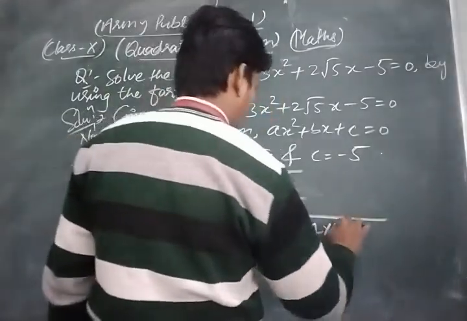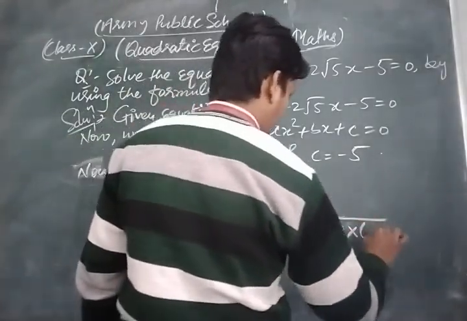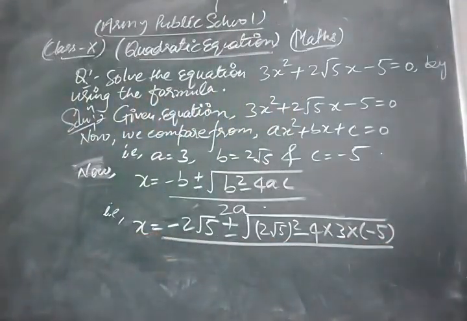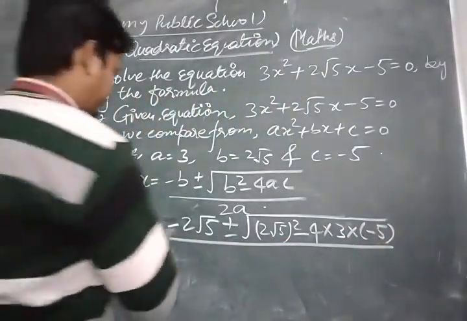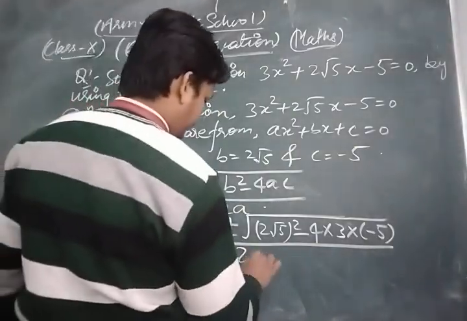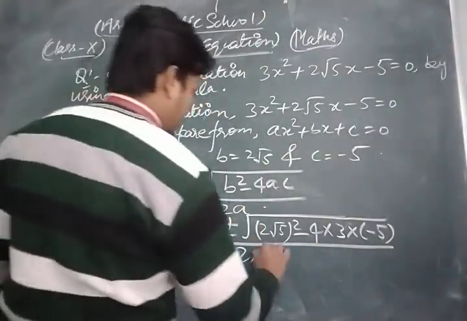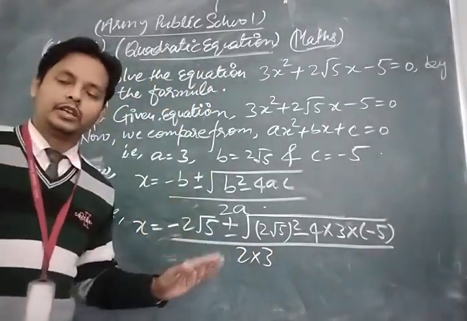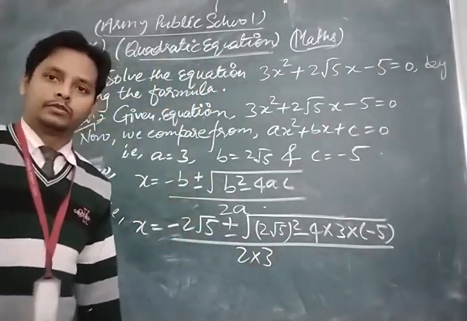A is what? C is what? Upon 2a, that is 2 times 3. So first of all, we put all the values in the given formula.